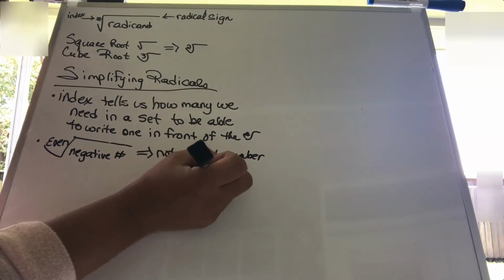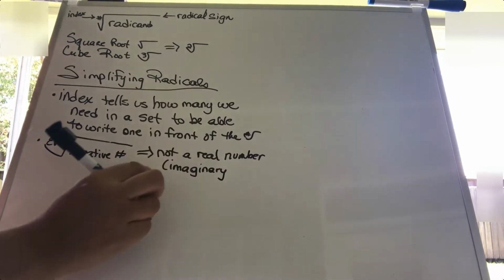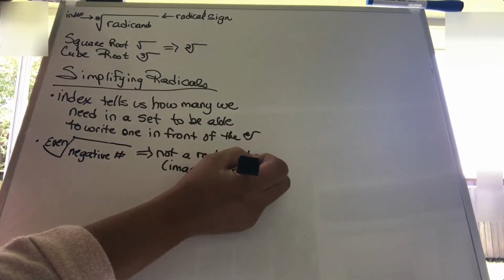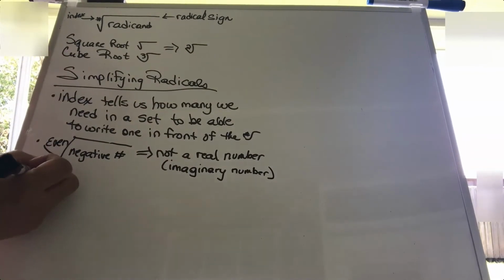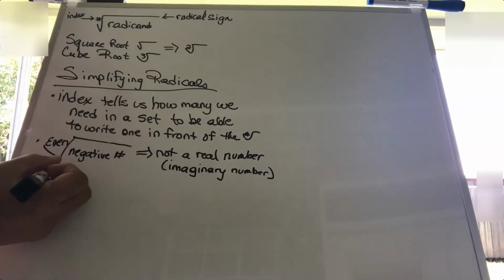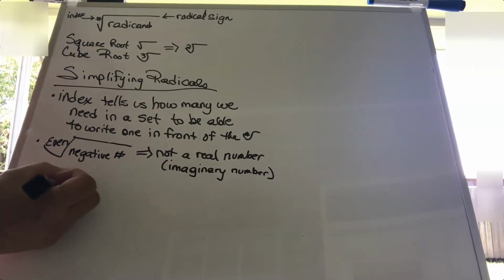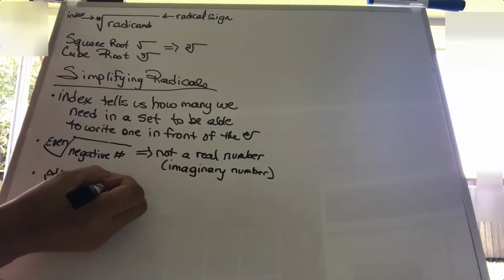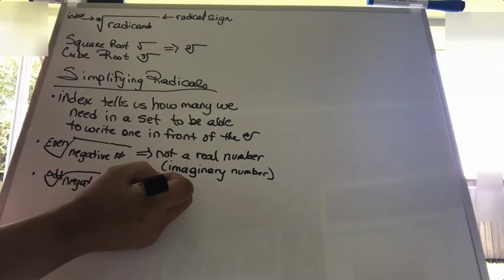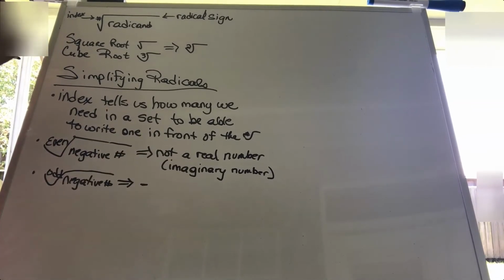We said we're going to go later and learn about the imaginary. When it was odd with the negative, we said we can take the negative and write it in front.